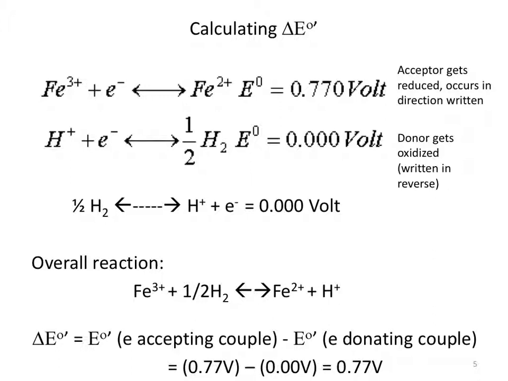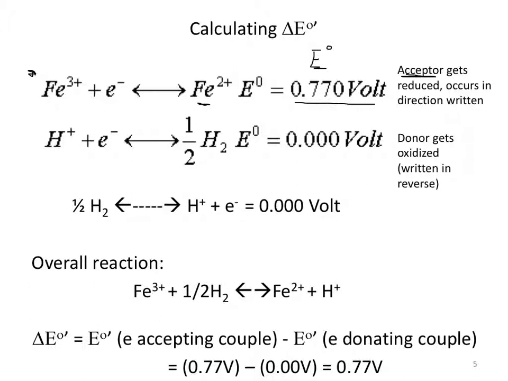Here we've got ferric iron plus an electron becomes ferrous iron. That is the electron accepting reaction, and it's most commonly written in the direction in which it proceeds, from left to right. The E naught value associated with this is 0.77 volts.